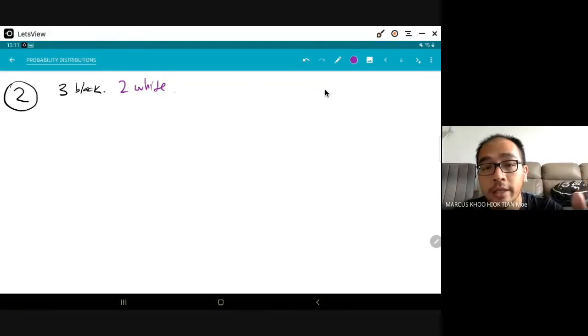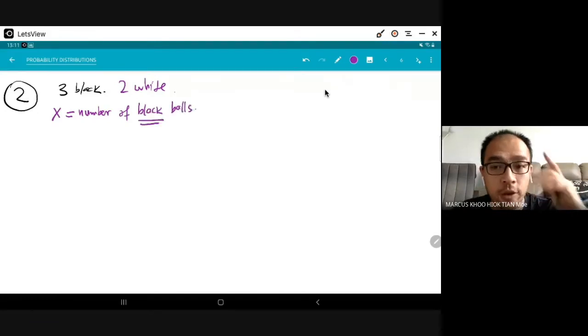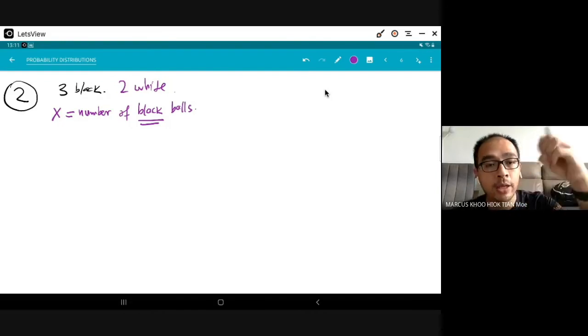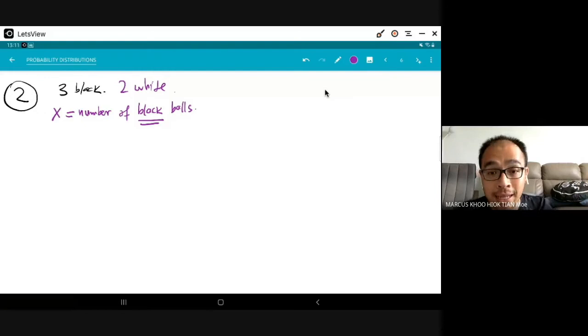The random variable X is the number of black balls that we want. The question must always give you the random variable. The random variable is the number of black balls. The question says you take one, and then you do not put it back. It says 2 balls are drawn randomly, one by one, without replacement.